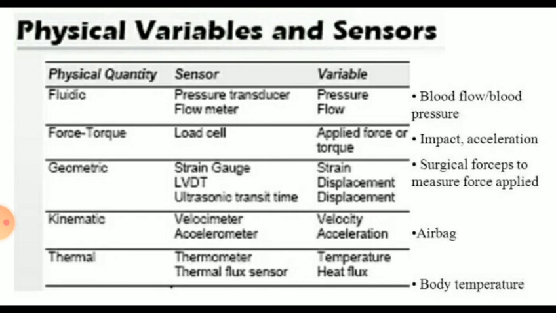Then physical quantities, force and torque: to measure the applied force or torque, the load cell is used. For the measurement of strain, the strain gauge is used. For the measurement of displacement, the LVDT is used. Another sensor used to measure displacement is the ultrasonic transit time.